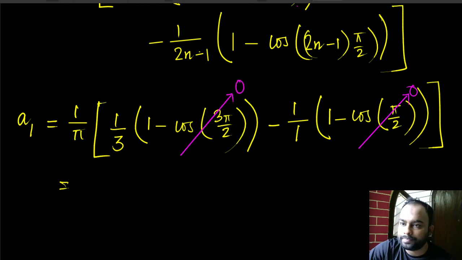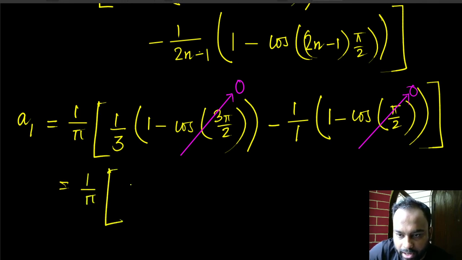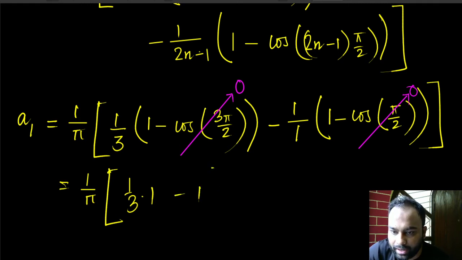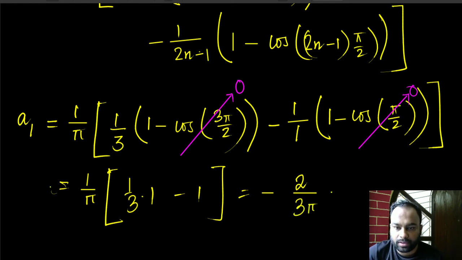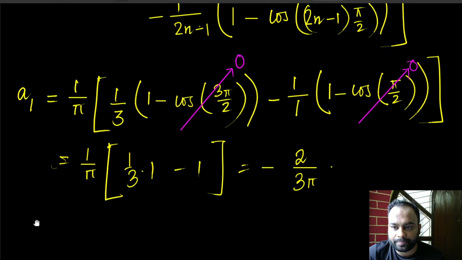So what do I have? I have 1 by pi into 1 by 3 into (1 minus 1). So what do I get? I get minus 2 by 3 pi. So that's our value for a1, right?